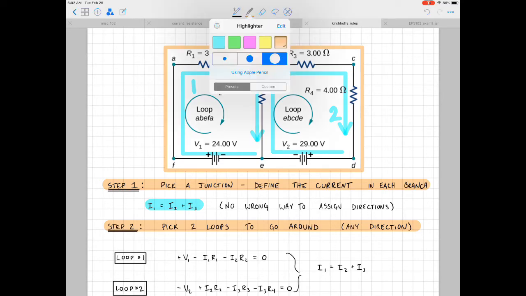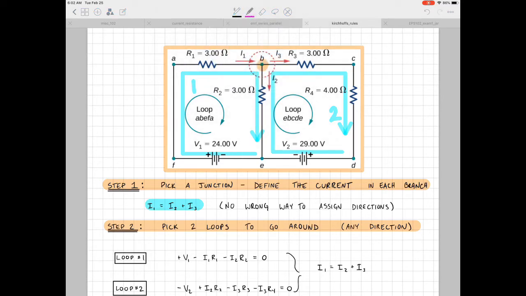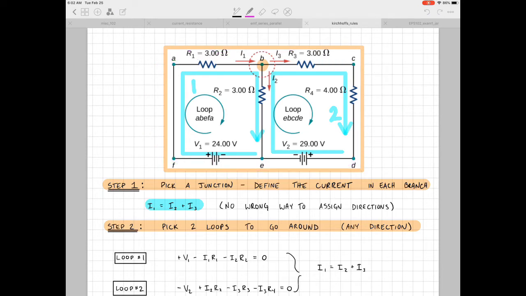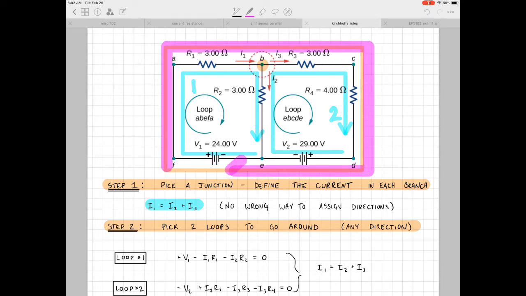Of course, there is a 3rd loop. You could choose to go around the perimeter of this circuit in this direction. That would be our loop 3. The point is that here there are 3 different loops you can choose.